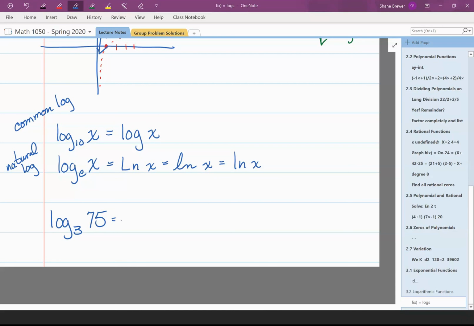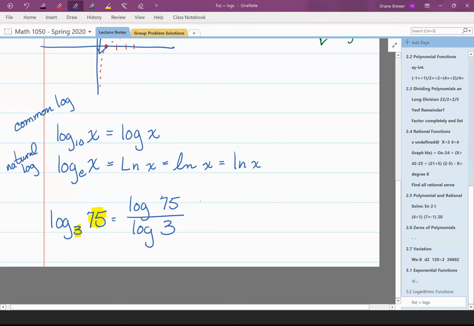Here's how it looks. The change of base formula for this particular one, if I want to go to log base 10, looks like this. Log base 3 of 75 is equal to just the log, right? There's our log base 10, of 75 divided by the log of 3. That's it. You're just going to take the log of this thing divided by the log of that thing. And your calculator can do that, right? So you just type that in your calculator, and whatever came out, that's log base 3 of 75.